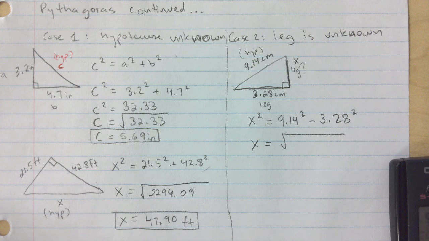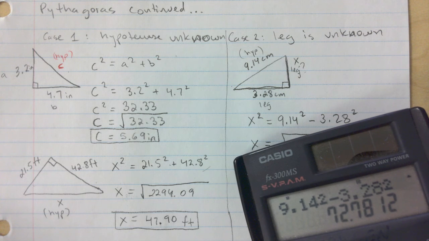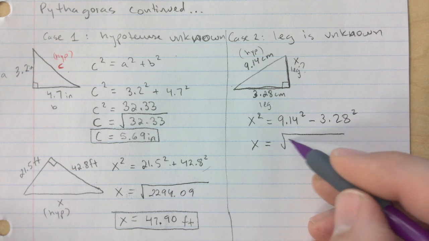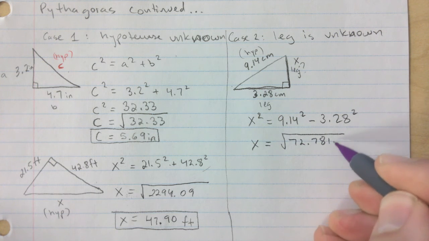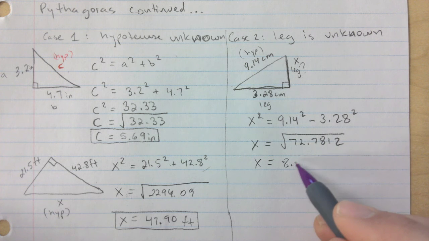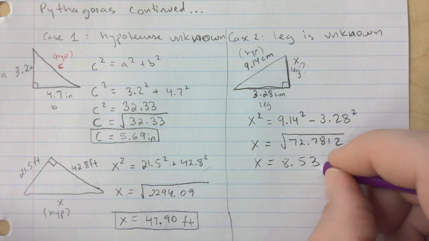So you go 9.14 squared minus 3.28 squared. You get 72.7812. Do not round. Write everything down. And then take the square root of that, and that's 8.53 feet. Oh, sorry, centimeters.